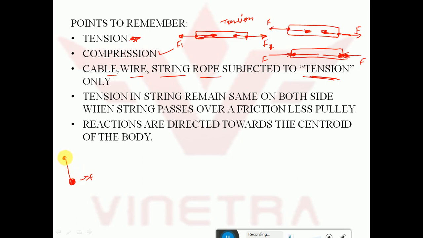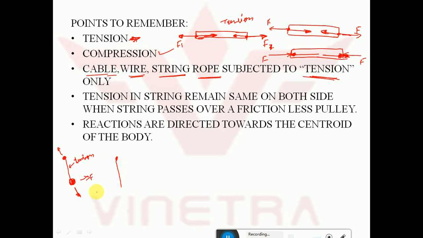Obviously it is fixed at one point and the weight is acting downward, so one force is acting upward and another downward. That's why this string will be in tension only. So if you find a cable, wire, string or rope, take it for granted that it will always be in tension only. They cannot take compression.